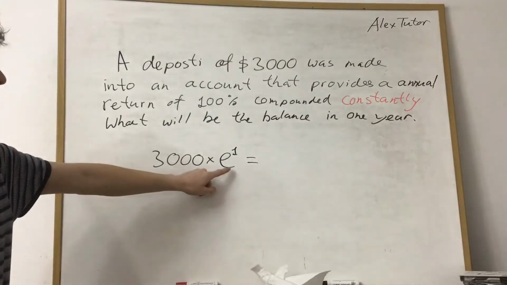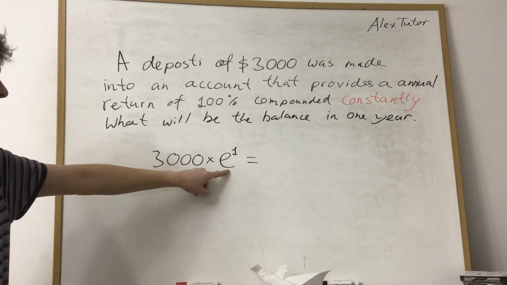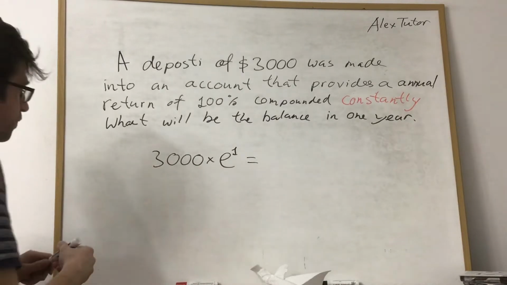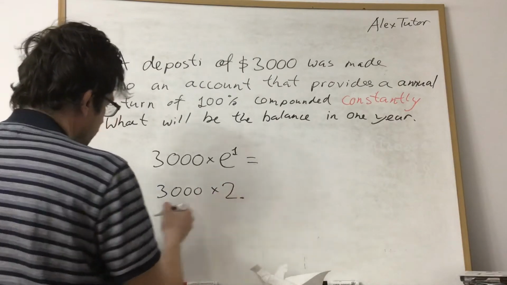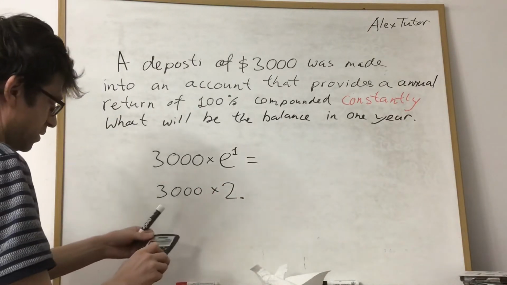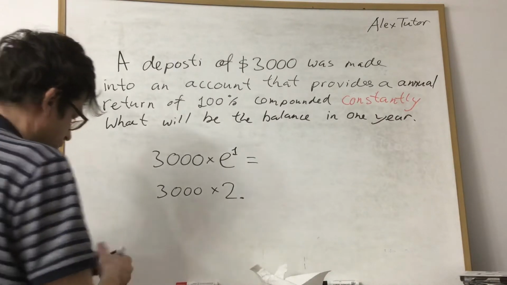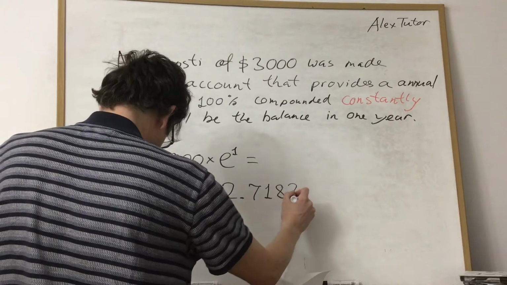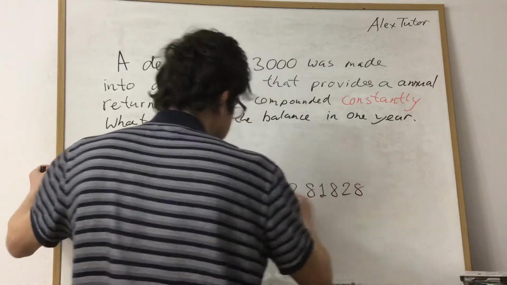That's what e is. e is a special irrational number, which means 100% annual interest return compounded constantly, which is 3000 times 2.7182, let me see what e is, 2.7182818, which is an approximate number.